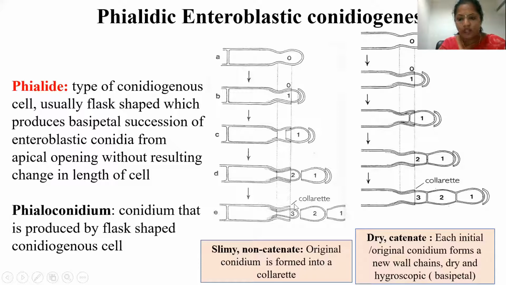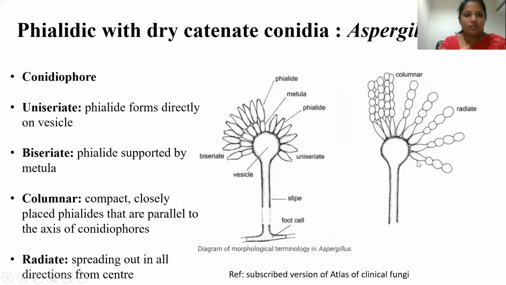That's why the collarette zone will be formed. This is slimy non-catenate, and dry catenate means each initial conidium forms a new wall chain. So these are dry catenate. The example for dry catenate conidia with phialidic formation is Aspergillus.